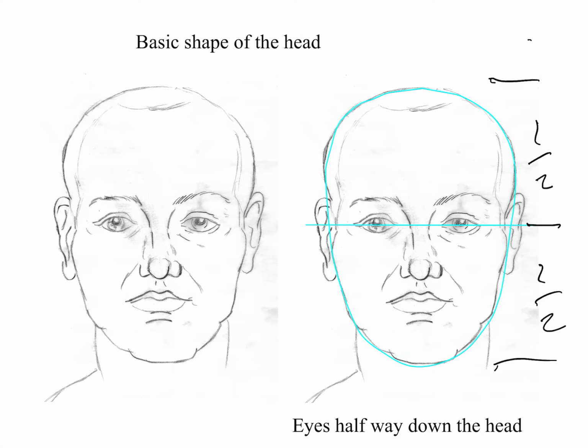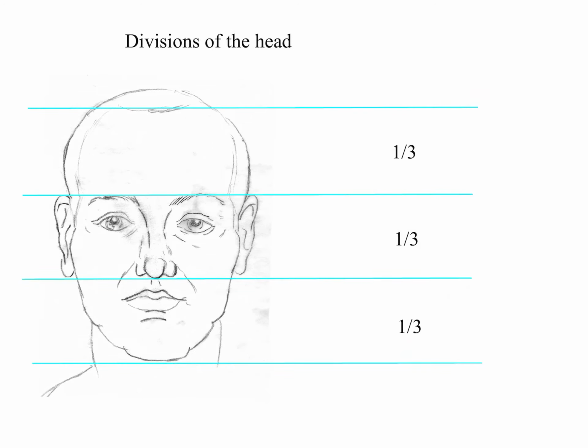Once you've got that basic eye proportion mapped out, maybe you put these upper eyelids on, then we can start to think about some other divisions here. And then those are the thirds. Now, the confusing part here is that it's not necessarily related to the half and the half. These are separate measurements, and you can measure yourself.